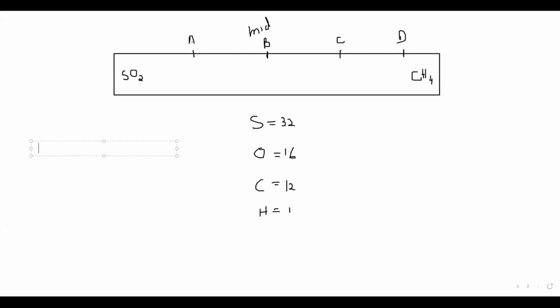The question has four parts. Number one, find the molecular mass of SO2. B part, find the molecular mass of CH4.